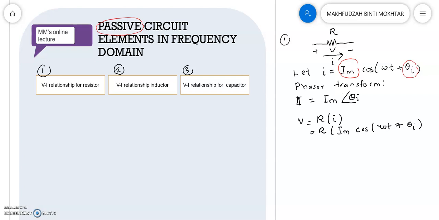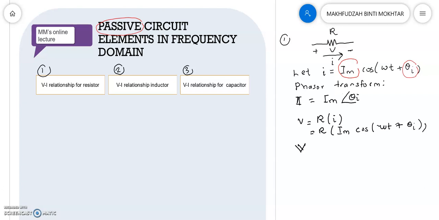Now when we transform this using the phasor transform, I will use the notation capital V in bold. This V is bold to differentiate this symbol from the capital V without bold.